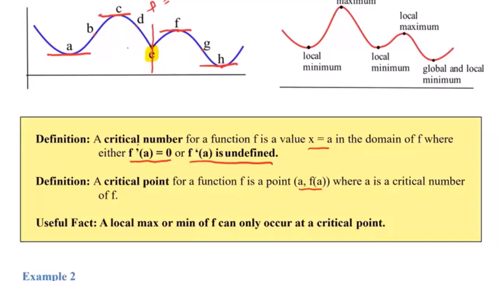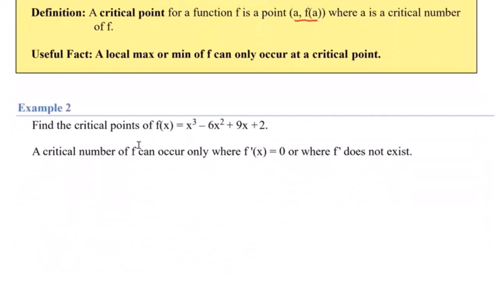Useful fact: a local max or min of f can only occur at a critical point. So it's not saying that critical points always have local max and mins. What it's saying is that local max and mins only occur at the critical points. So those are two very different things to say.